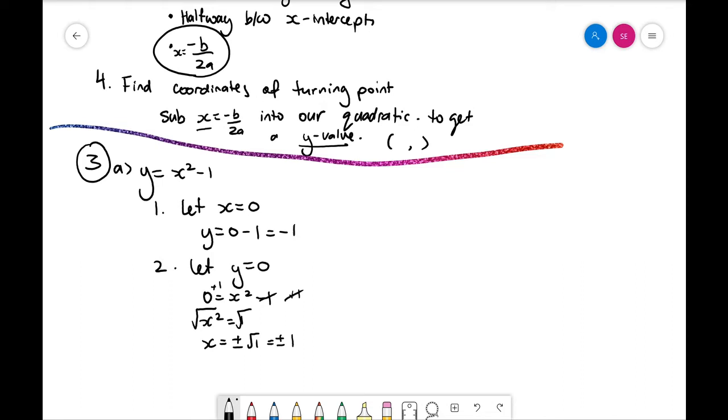So remember, when you take the square root of a number, so if it's x squared is equal to a, then x is equal to plus or minus the square root of a. You've got to remember this plus or minus here. Very common mistake. So our x-intercepts are at plus or minus 1.